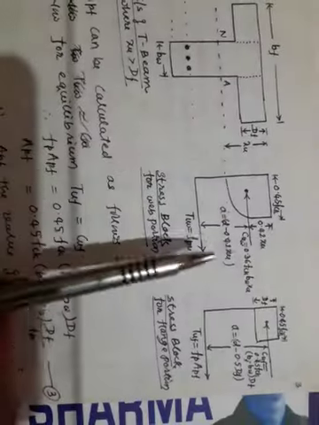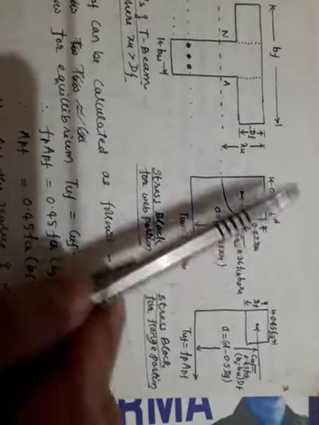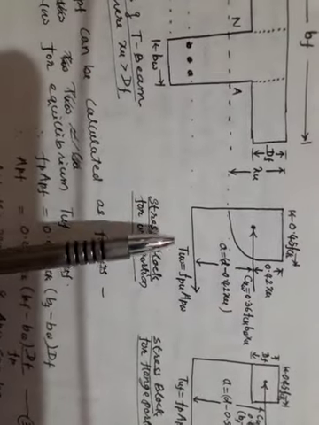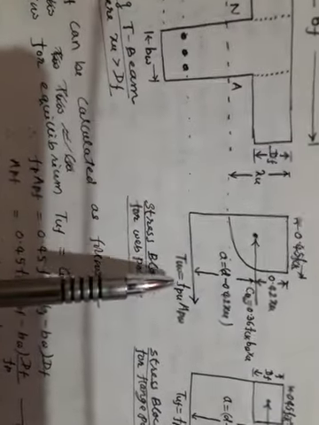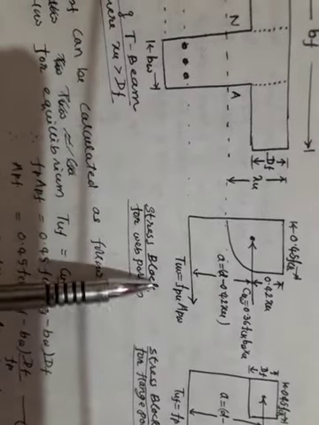The stress block for the web portion remains the same as you have seen in your last case. The only change is the TU force, the ultimate tensile force in the pre-stressing steel, which is FPU into APW, because it is in the web portion.